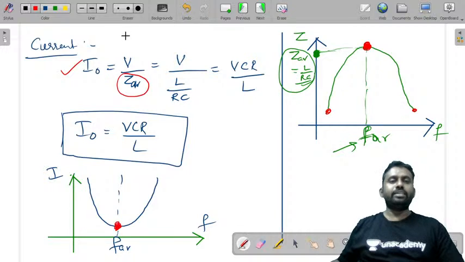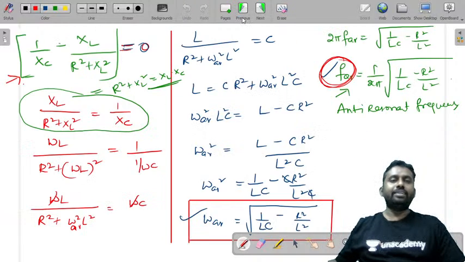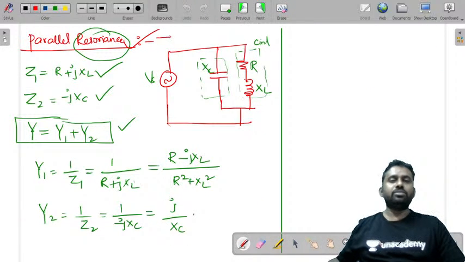Hope this point is clear, and also you need to remember that this parallel resonance circuit is also called anti-rejector circuit or anti-resonant circuit.